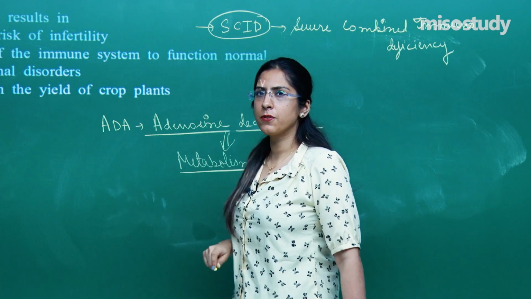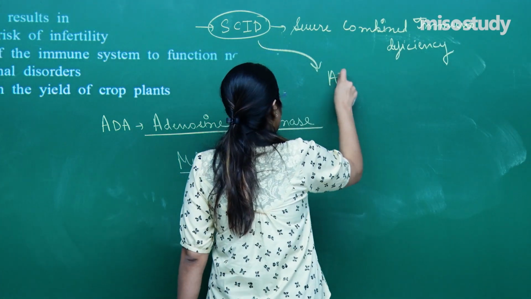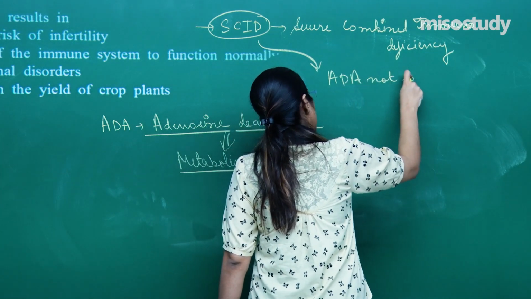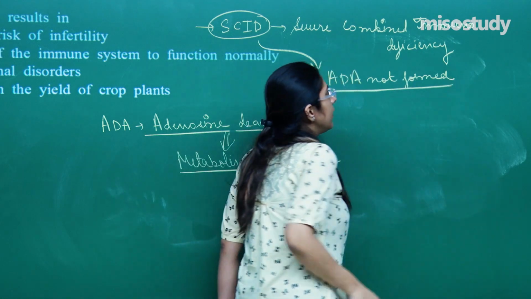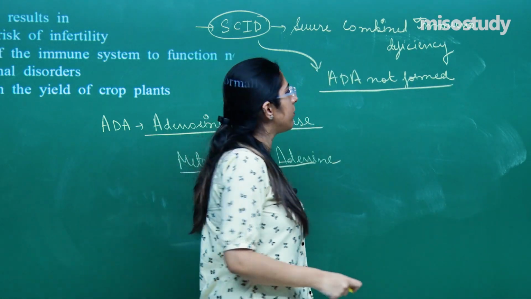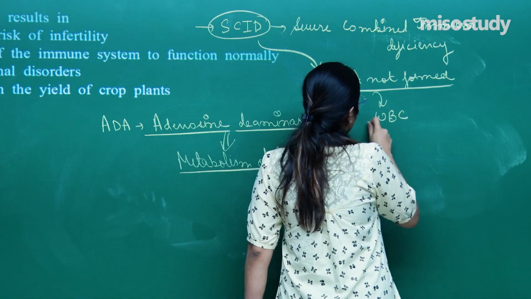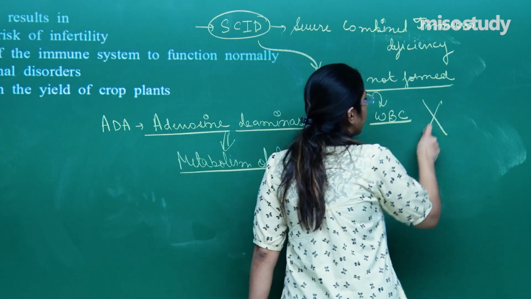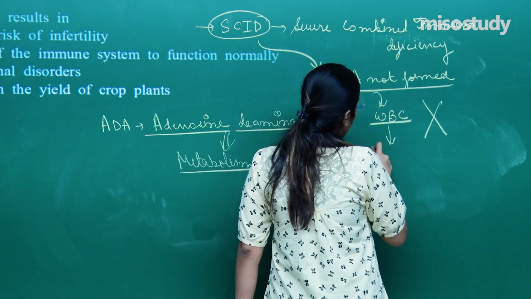In the patients of SCID, ADA is not formed. When ADA is not formed, and ADA helps in the formation of WBC, the WBC will not be formed. When WBC will not be formed, then the whole immune system will be hampered.